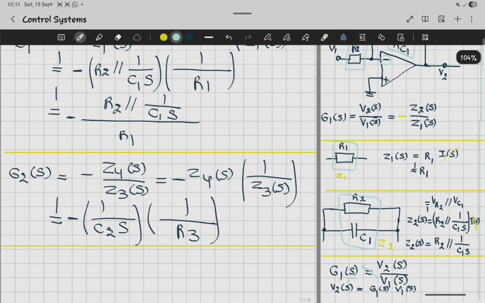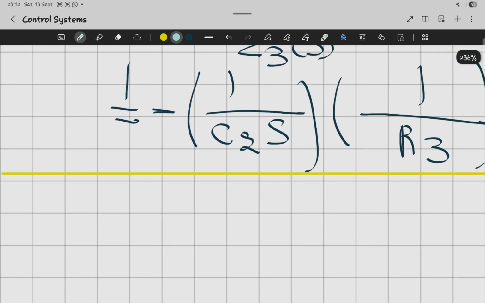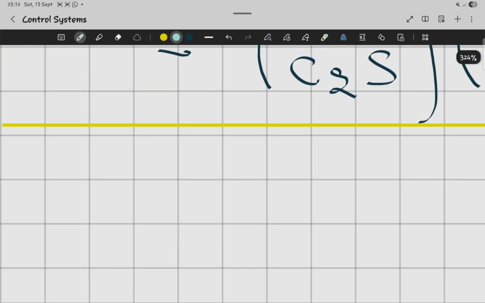So in short, you're going to get those two equations, and then you can now work the transfer functions. I'm going to write them here so you can see how we can proceed from there. These are the equations that we got.